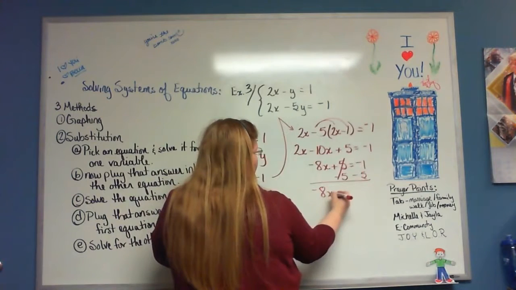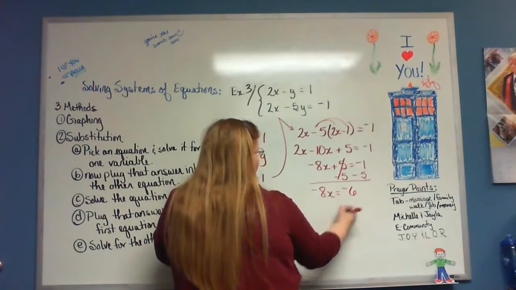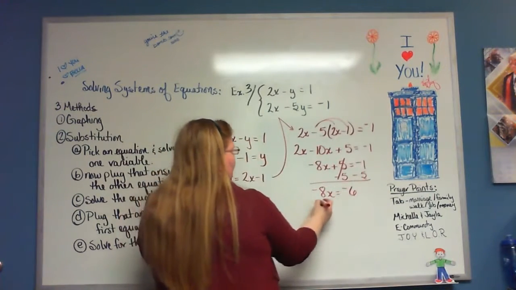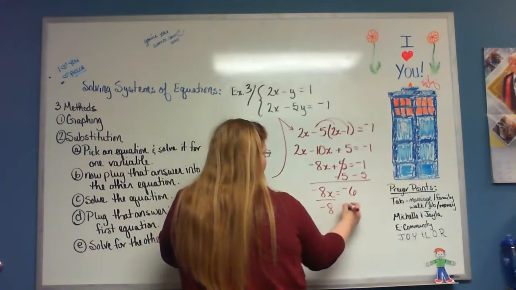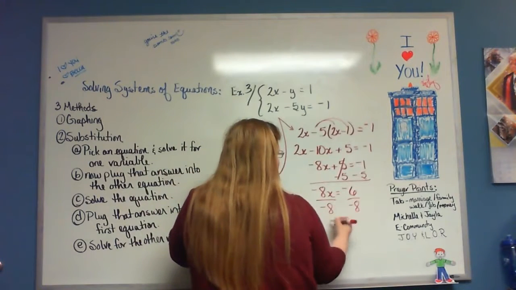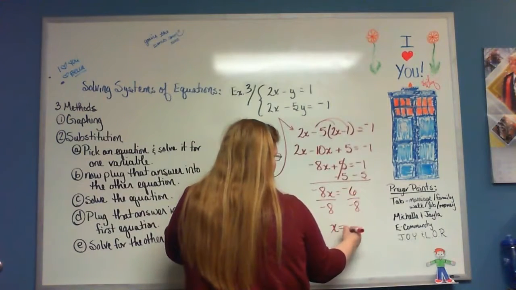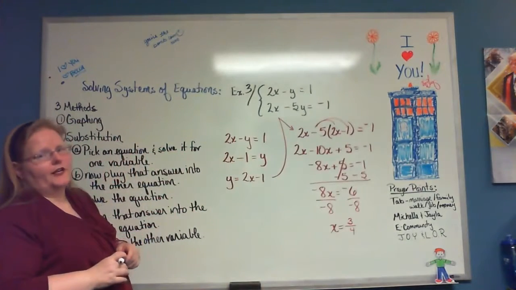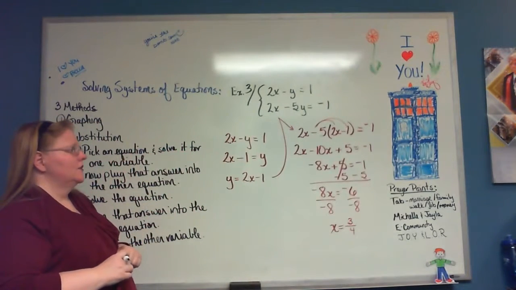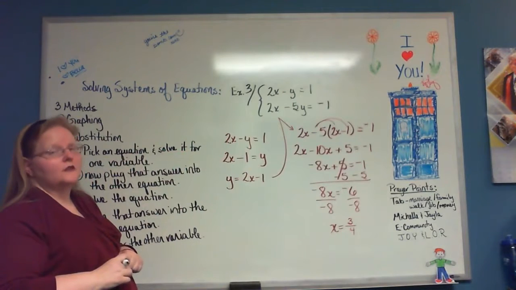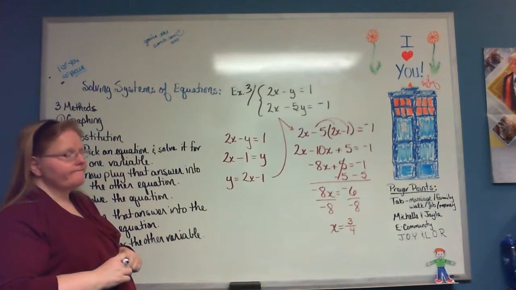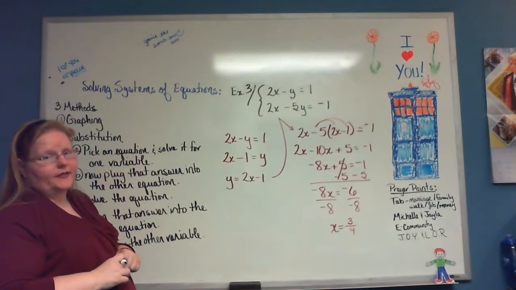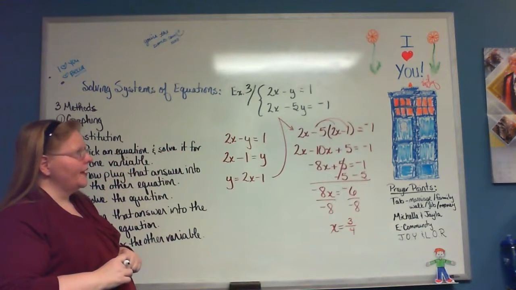Negative 8x equals negative 6. Divide both sides by negative 8, and x is equal to 3 over 4. Oh, we got a fraction. That happens sometimes. I don't like it either, but we have to use it.